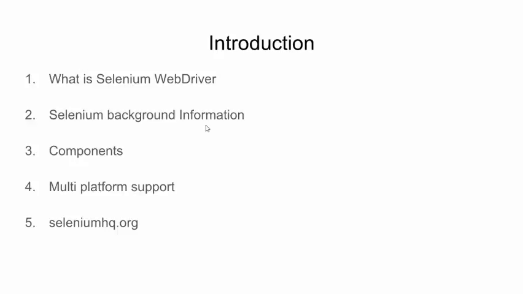Then Google adopted Selenium and made improvements to it, and Simon Stewart at Google made significant improvements, replacing JavaScript with APIs which can directly test those browsers. So Selenium WebDriver, which included these enhancements, was released in 2011.